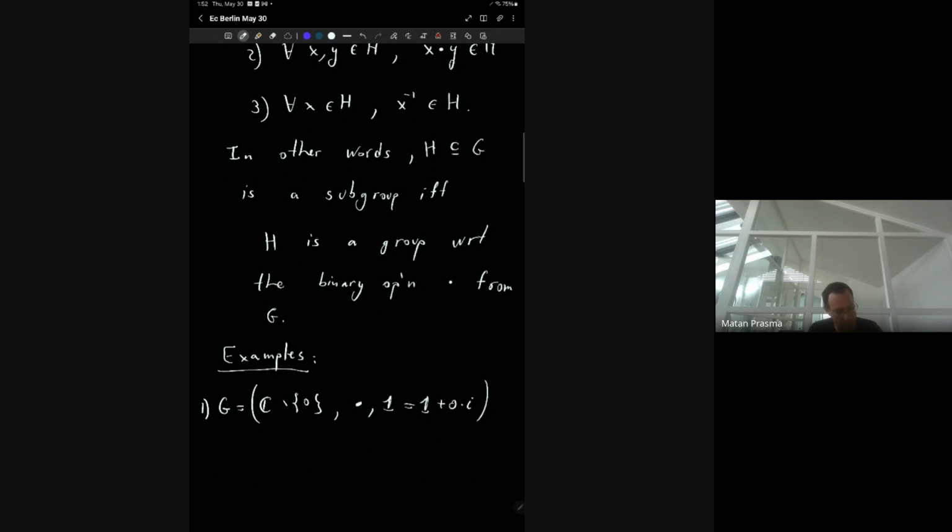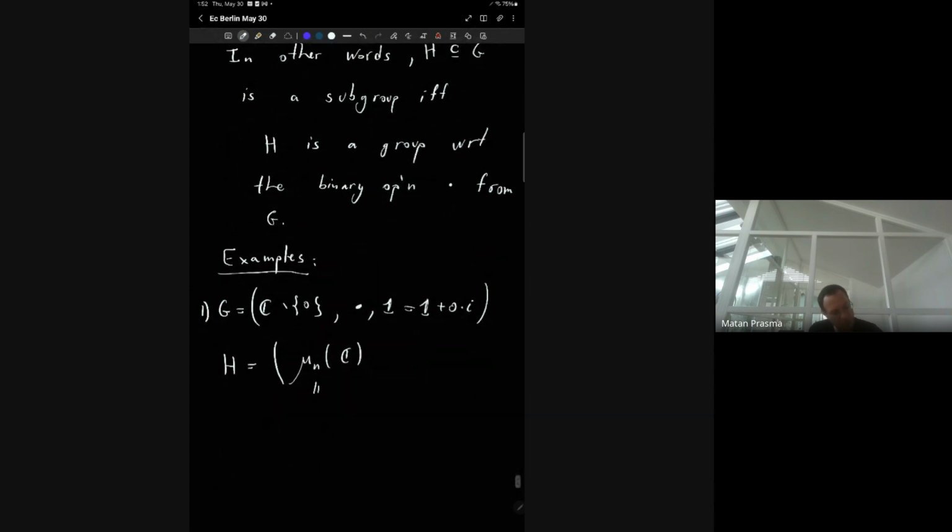And within this group, I have H, the group of nth roots of unity, mu n of C. This, I remind you, is the set of all complex numbers z such that z to the n is equal to 1.